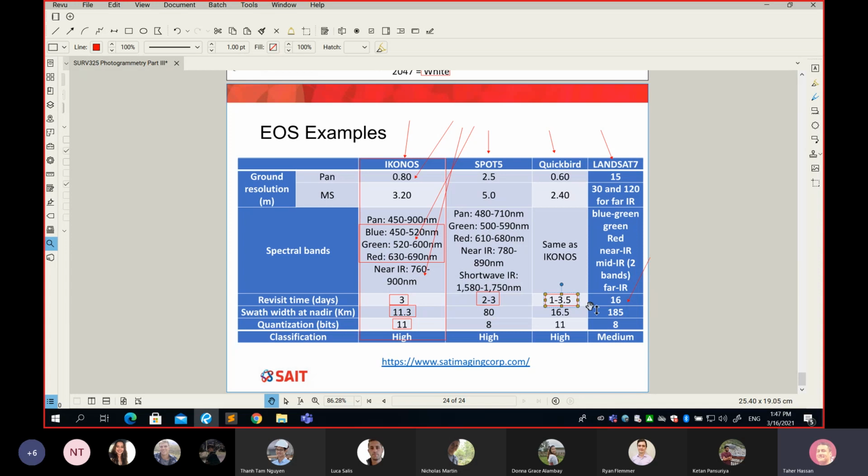And there is a minimum order. But again, this is a different discussion. I don't want to flood your brain with so much information. This is a completely different domain, satellite images. For example, if you want to order, there is a minimum order of, let's say, $2,000, and so on and so forth.